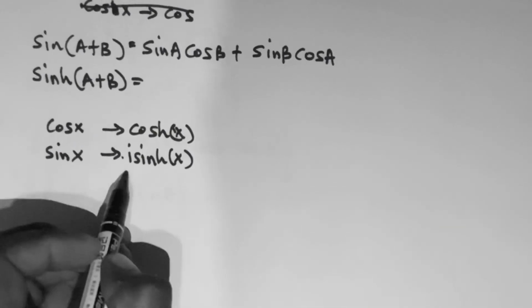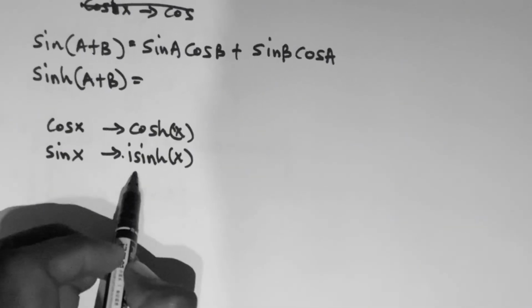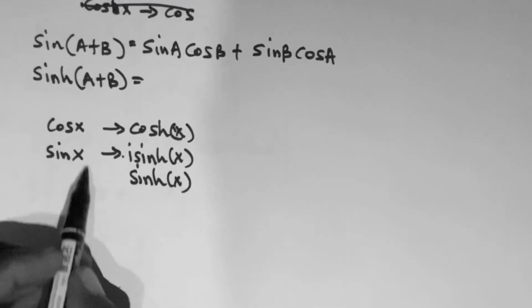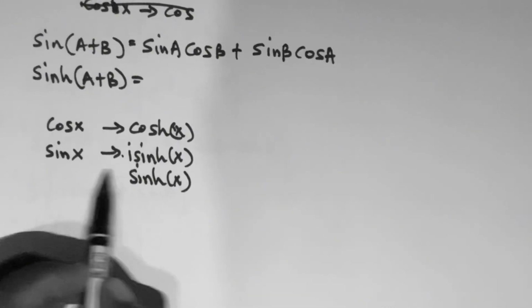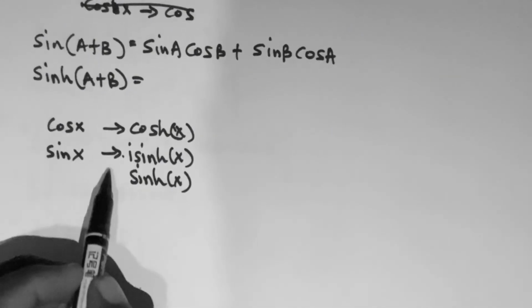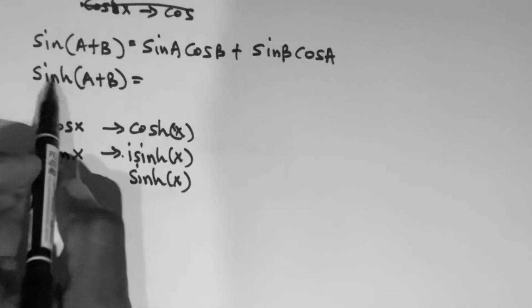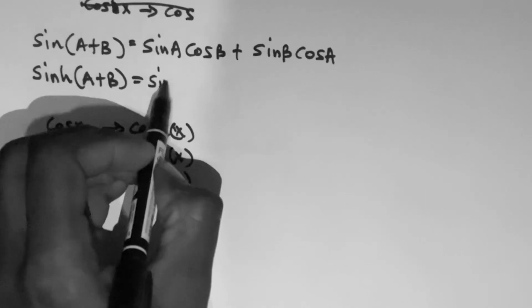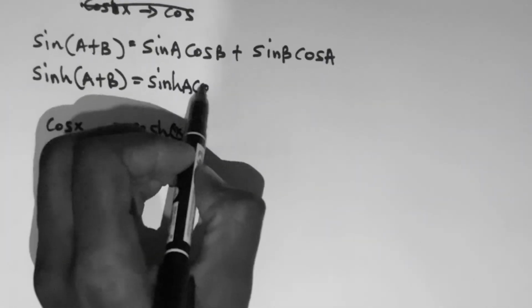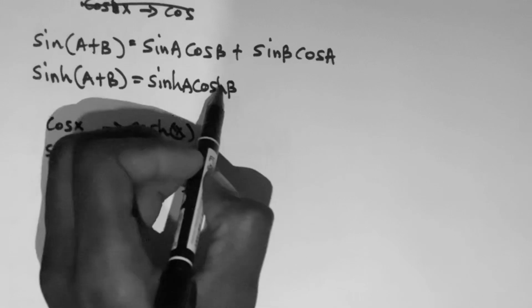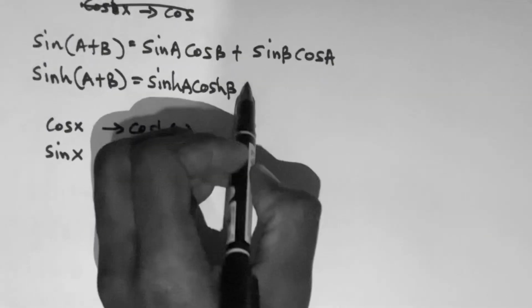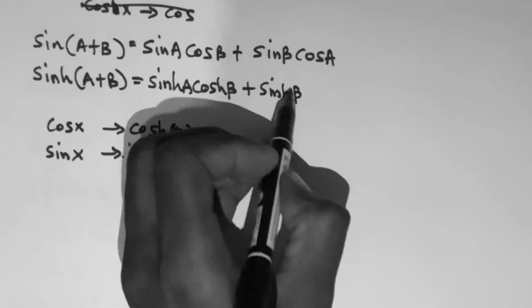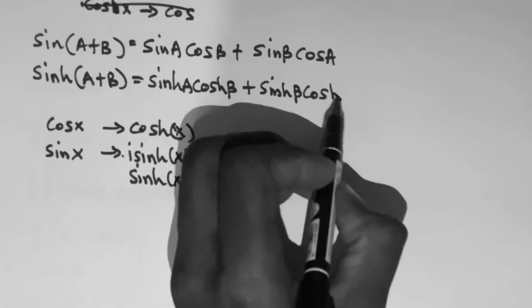But i sinh x can also be replaced by sin x. The only time this changes is when you have a product of two sine functions, then you change the sign to a minus. So sinh A plus B becomes sinh A cosh B, and then plus sinh B cosh A.